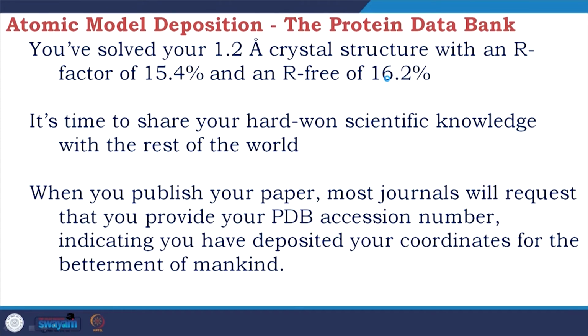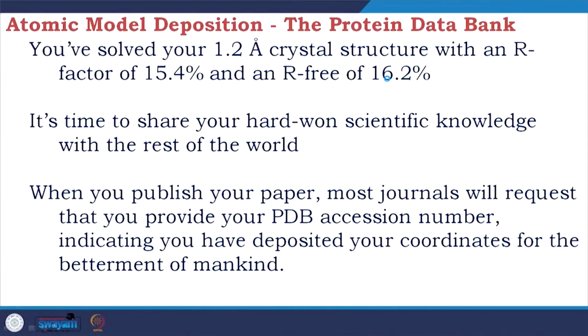When you publish your paper, most journals will request that you provide your PDB accession number. To add on that, nowadays it is not only the PDB accession number, there is a validation certificate coming from PDB. You have to submit that, only then the journal will agree to the fact that you have solved a structure. So, indicating you have deposited your coordinates for the betterment of mankind.